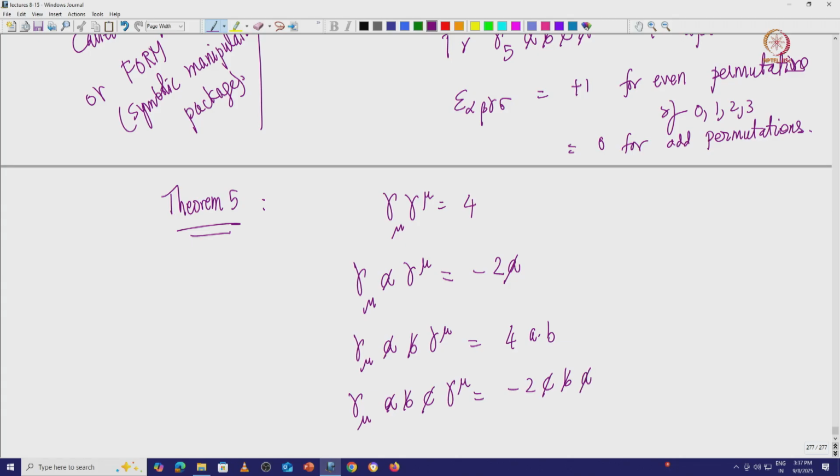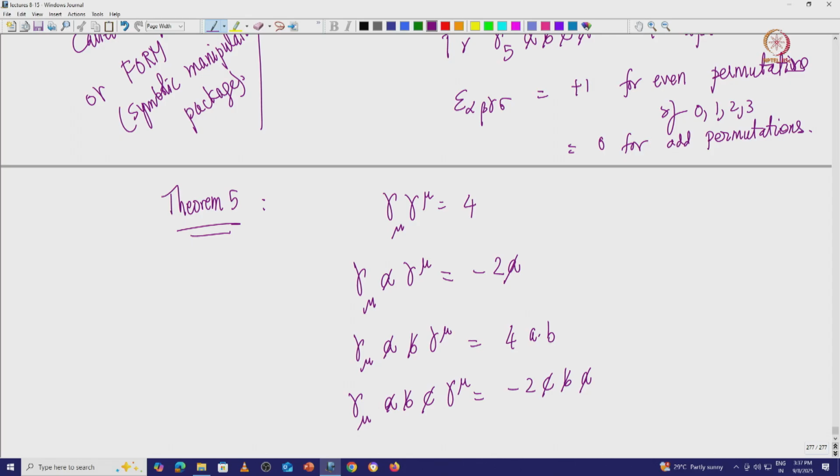okay, and so on. So you have these nice theorems essentially which you can use, and these are all relevant to calculate. And if you have even number of gamma you have this, if you have odd number you can express it in terms of products and everything essentially. So if you have only 2 or something you can express them in terms of dot products.